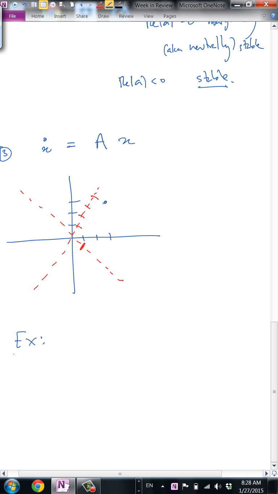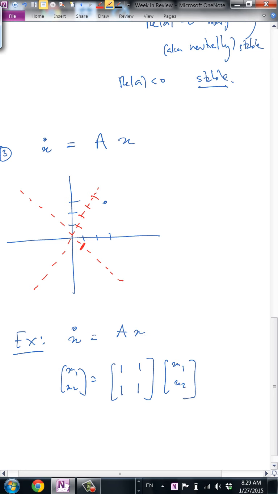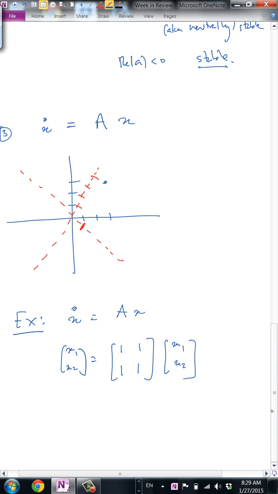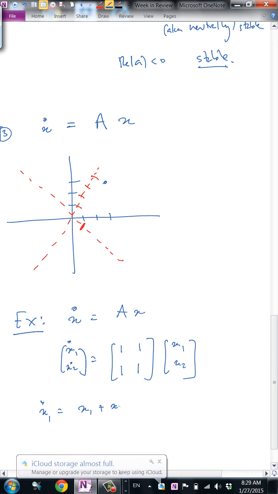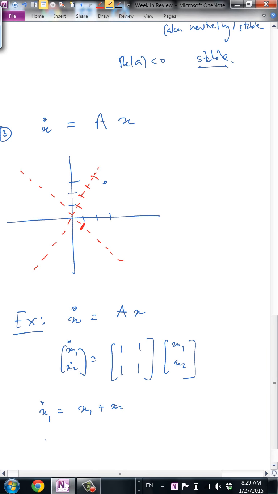So let's consider the setting where I have x dot is equal to ax. This is a 2x2 system where A is equal to the matrix 1, 1, 1, 1. Okay, so this means that x1 dot is equal to x1 plus x2, and x2 dot is the same thing. x2 dot is equal to x1 plus x2.